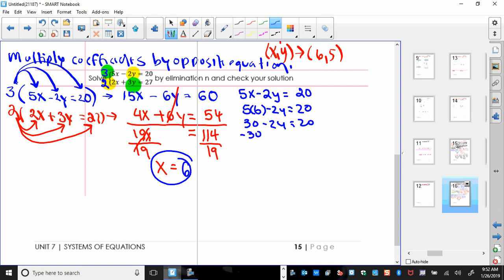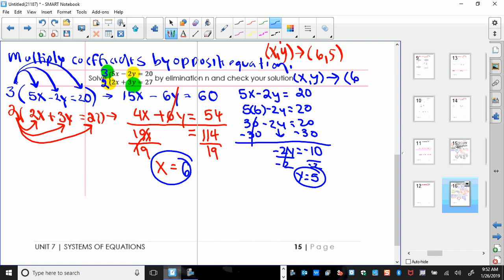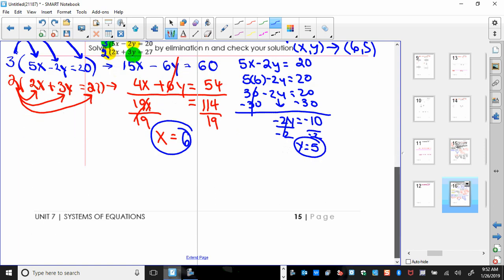Subtract 30 on both sides. And negative 2y comes down equals negative 10. Divide both sides by negative 2. And y equals positive 5. So I want to see, does xy map onto 6 comma 5 here? Got the same answer as last time.